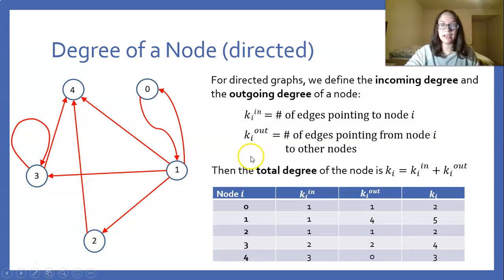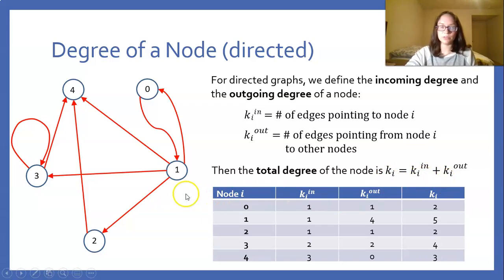So k2 out is equal to 1. From there, we can define the total degree of a single node, which is the sum of the incoming degree and the outgoing degree of that node. So ki, the total degree, is equal to ki in plus ki out.